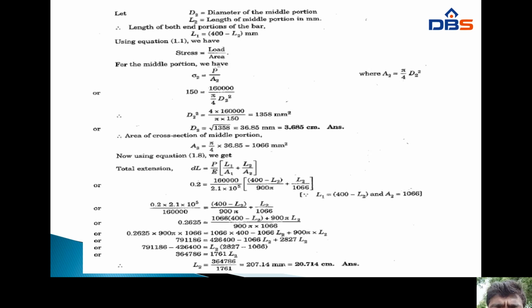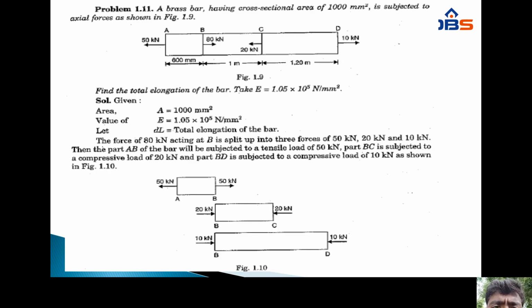This is the problem on bars of varying cross section. Next, this is another problem. A bar having cross sectional area 1000 mm square is subjected to axial loads as shown in figure. This is the bar A, B, C, D. AB is section 1, BC is section 2, CD is section 3.